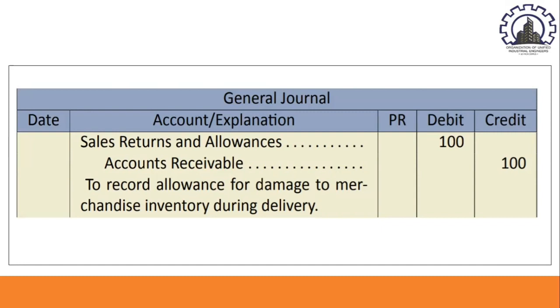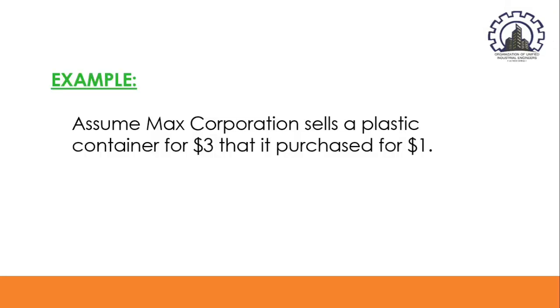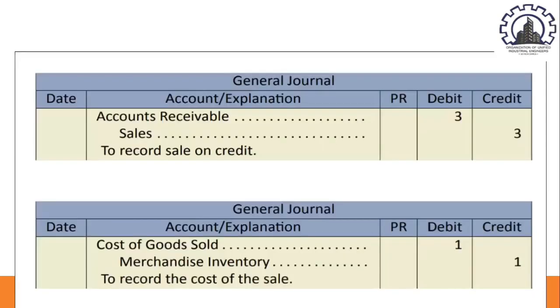So another example we have, assume Max Corporation sells a plastic container for $3 that is purchased for $1. Now, the dual entry at the time of sale would be, so you need to debit accounts receivable amounting to $3, and sales is being credited amounting to $3 to record sale on credit.